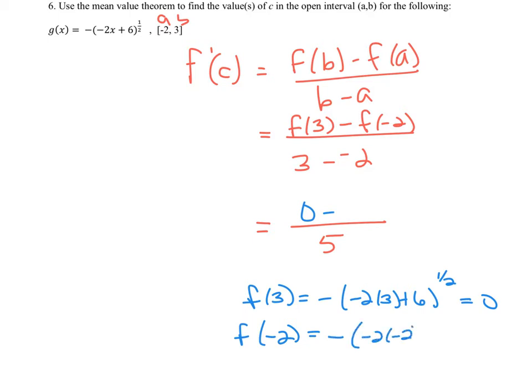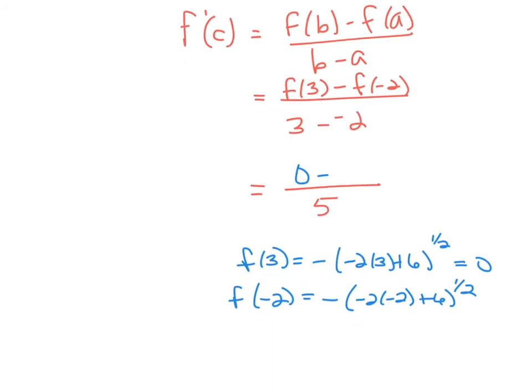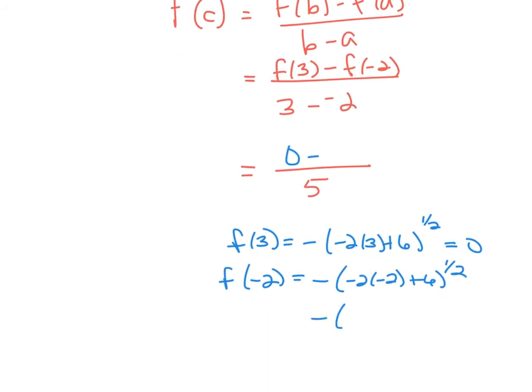I'm going to do this actually in pieces. So basically what I get here is negative, this becomes a 4. 4 plus 6 is 10, to the 1/2. And basically we all know that's not going to reduce nicely. So I'm just going to leave this as negative radical 10. And that's what I'm going to put in here.